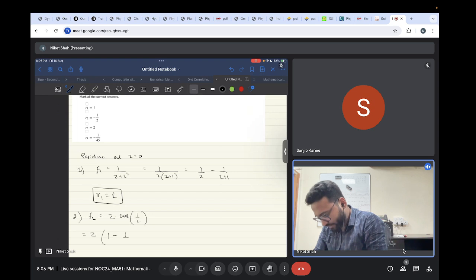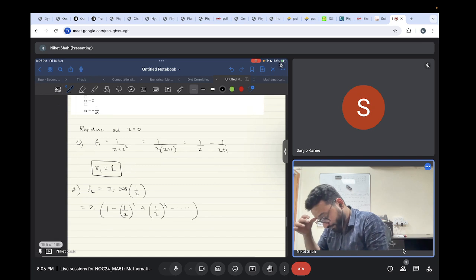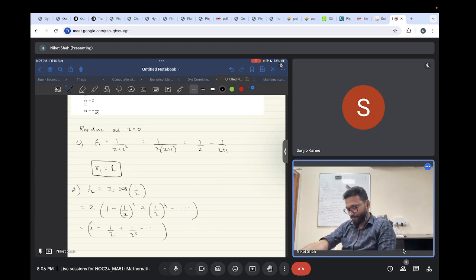So in this case it will become 1 by z square plus 1 by z raised to power 4 minus etc. So this is simply z minus 1 by z plus 1 by z cube minus, and so on and so forth.